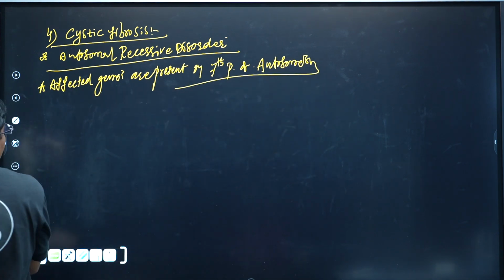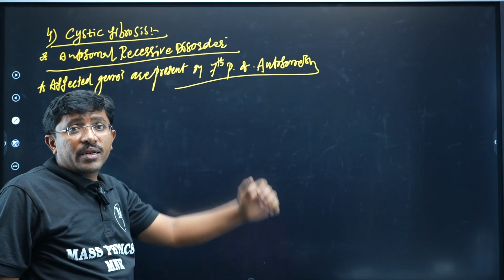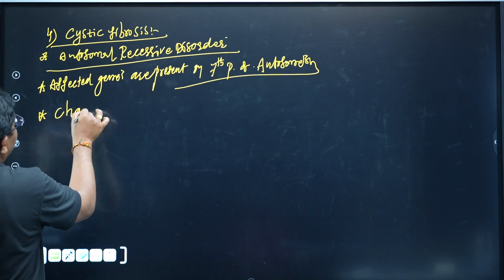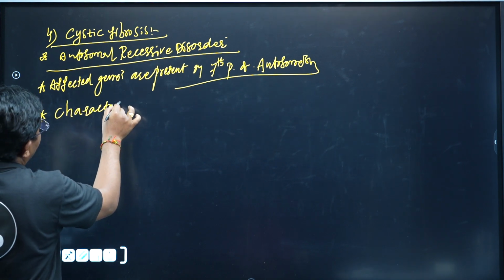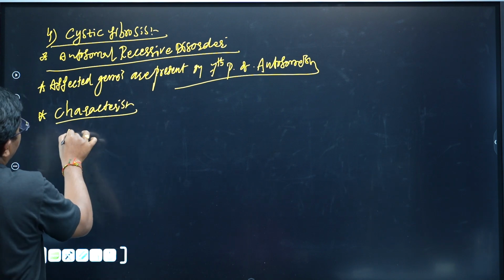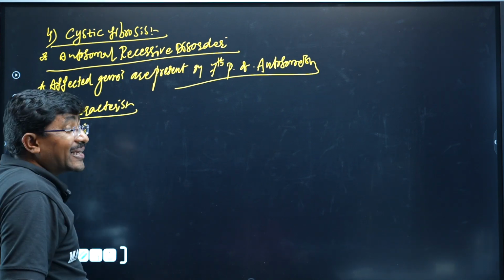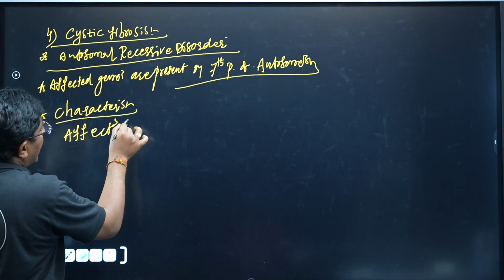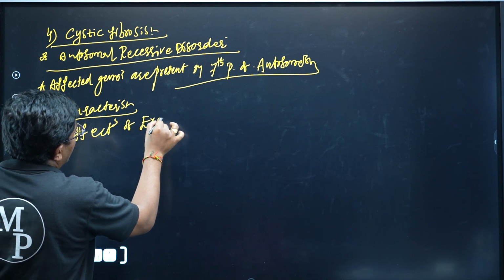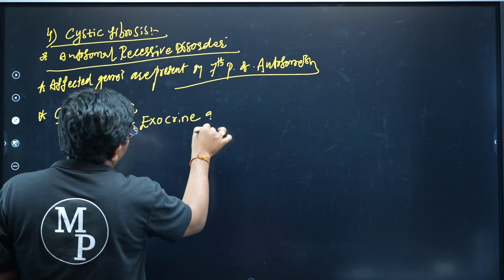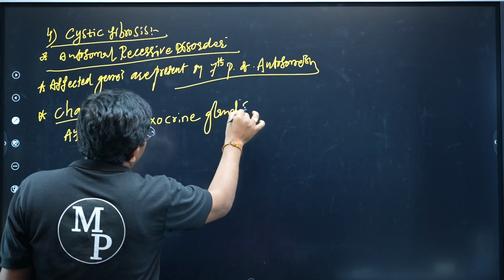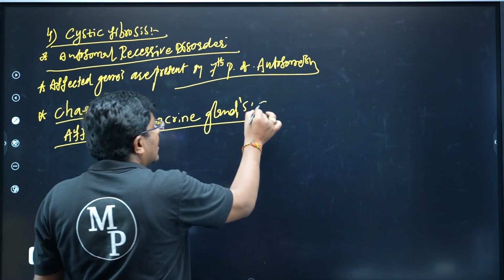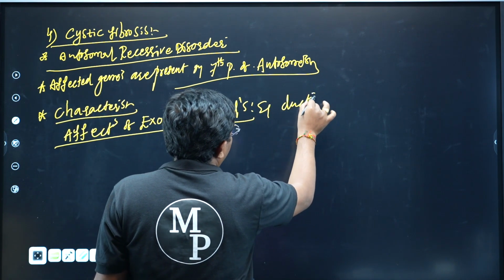The affected genes are present on the 7th pair of autosomes. So what are the characters of this disease? It affects the exocrine glands and their ducts.